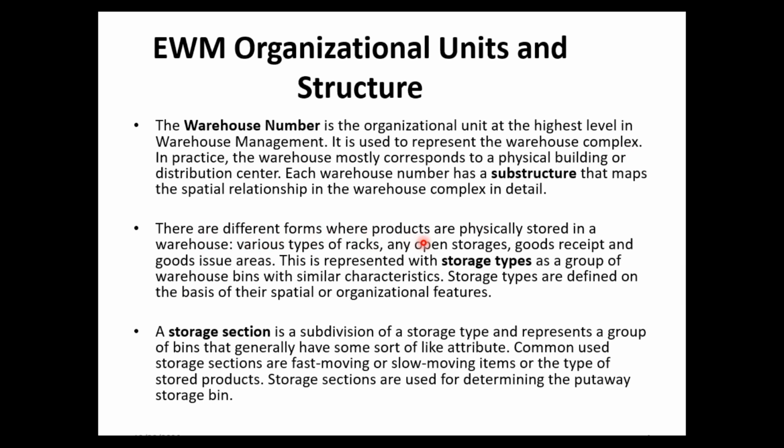There are different forms where products are physically stored in the warehouse. What are examples? Rack storage, open storage, GR area, goods issue area. All these different areas within a warehouse, be it a high rack area, bulk, fixed storage bin, open storage, goods receiving area, goods issue area, door, yard, all of these are storage types. These are represented with storage types within a warehouse.